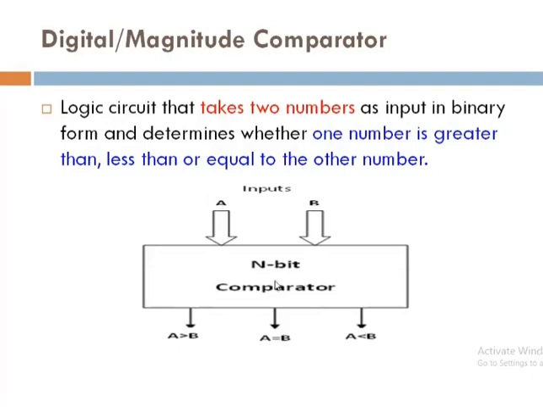In that case, it may happen that A is always less than B, depending on the binary form. Normally, if you have n bits of A, you should consider n bits of B. So if you are considering 4 bits of A, then for B also you should consider 4 bits for the comparison purpose.